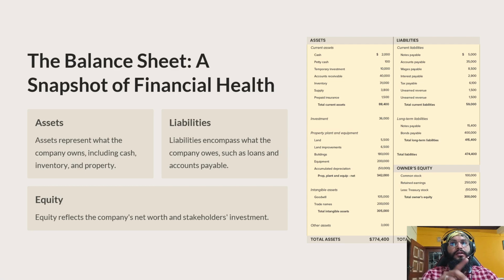Liabilities are the components which the company owes, such as loans, accounts payable, etc. Equity reflects the company's net worth and stakeholders' investment, which gives us an overview of the total net worth the company has.